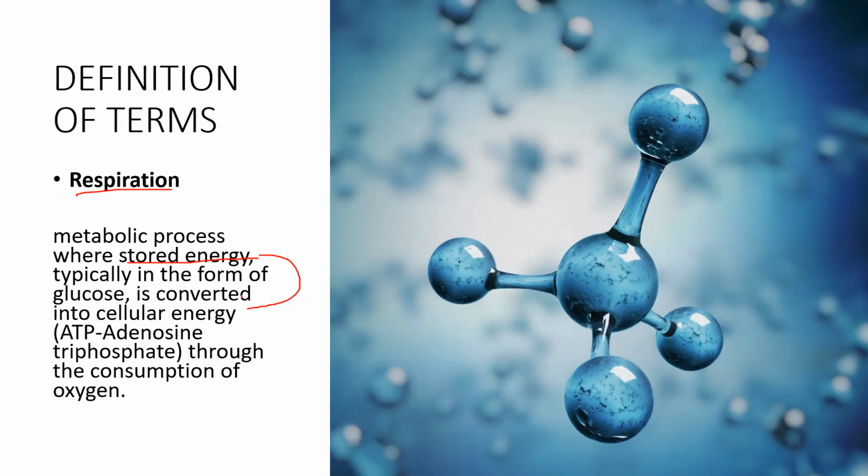Once na nangyari yung process of food doon sa cells, ang tawag doon is cellular energy. Ang tawag sa product na maire-release doon sa cells is the ATP. Okay? Or the adenosine triphosphate.